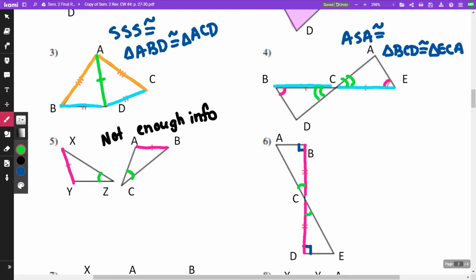So I don't have hypotenuse leg. I have angle, side, angle. And let's say I call this triangle here ABC. A corresponds with E, B corresponds with D, and C happens to correspond with itself.